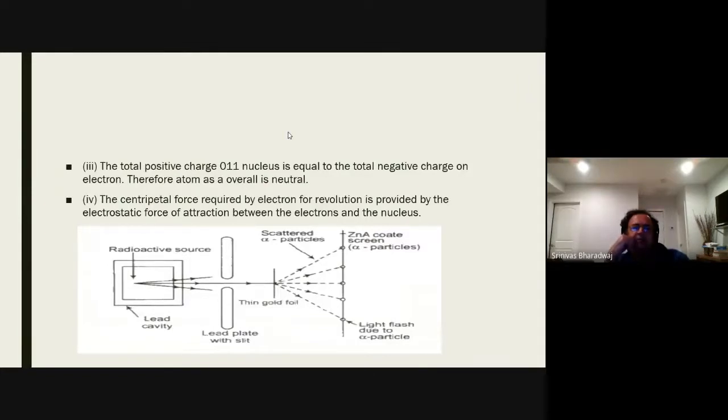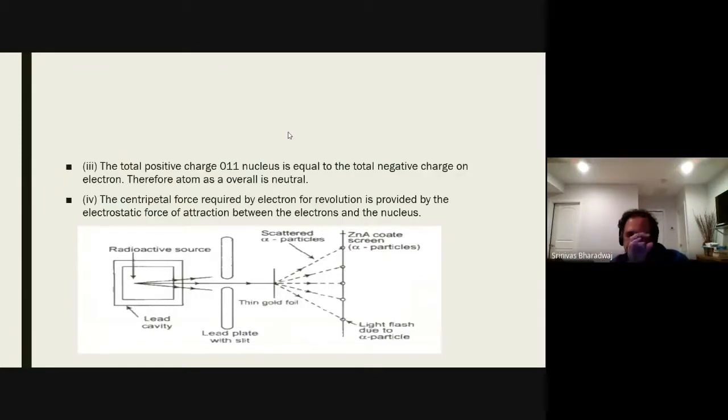The centripetal force required by the electron for revolution is provided by the electrostatic force of attraction between the electrons and the nucleus. Why do planets go around the sun? There is a gravitational force, right? It's a weak force.